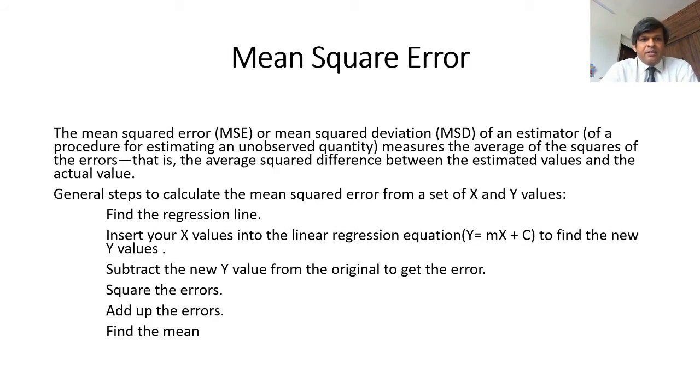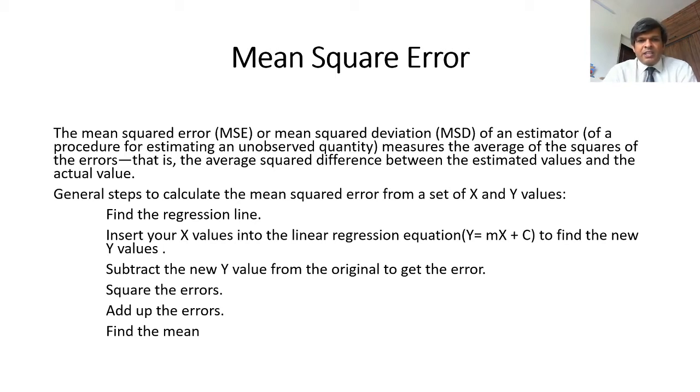Mean square error. The mean square error, or mean squared deviation, of an estimator of a procedure for estimating an unobserved quantity, measures the average of the squares of errors, that is, the average squared difference between the estimated values and the actual value. The steps to calculate this are: first, based on the input values, find the regression line.